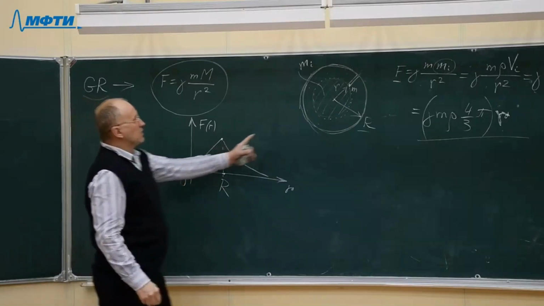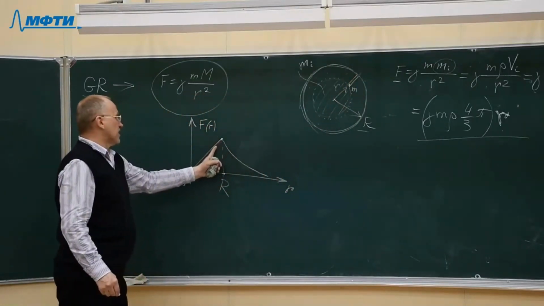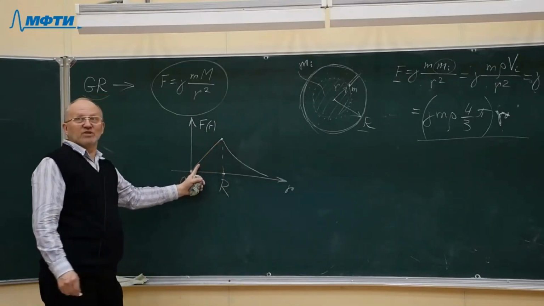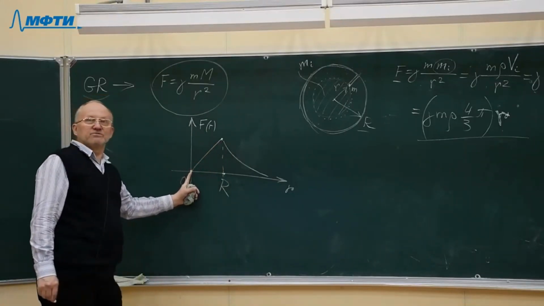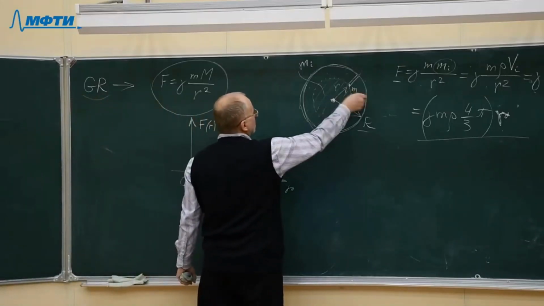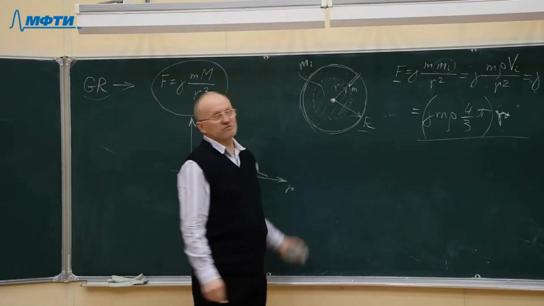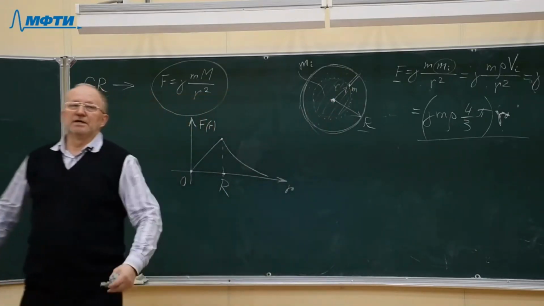So if we go deeper and deeper inside the planet, the force of attraction to the center will become smaller and smaller. And in the center of the planet, the force of attraction will be 0. Certainly, when the body is here, it cannot be attracted in any direction, because all the directions are equivalent.